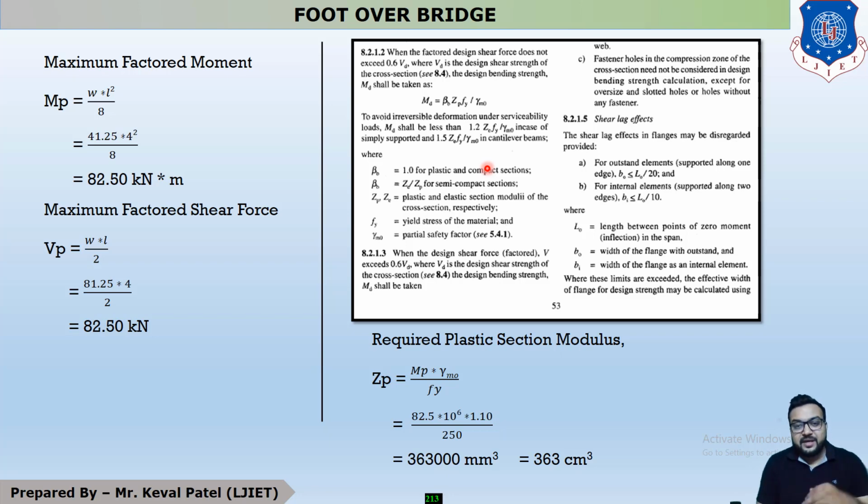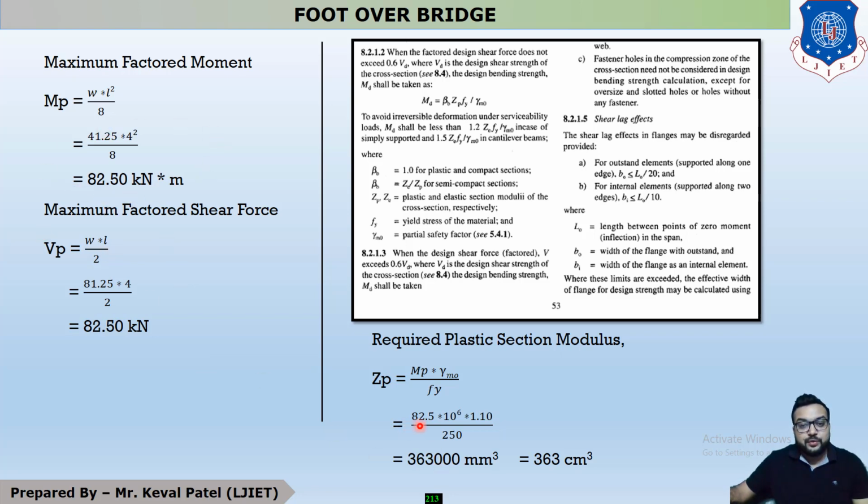If we are assuming that our section is semi-compact, then for a semi-compact section the value of beta B is ZE by ZP. If we put the value of beta B equal to ZE by ZP in this equation, our equation of ZE is like this, in which the value of MP is 82.5.